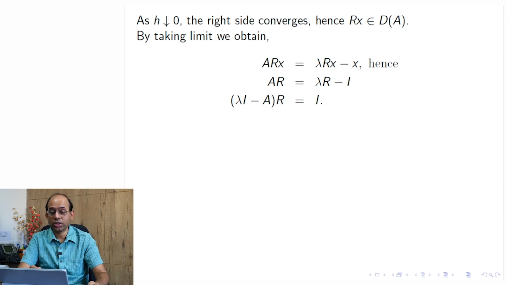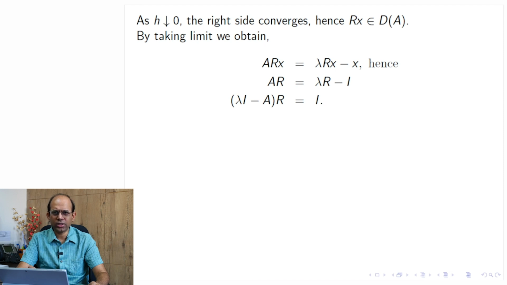Okay, so recall the definition of resolvent operator. Resolvent operator was the inverse of lambda minus A. Okay, so this is an indication, but we need to show that it is also the left inverse. So for that, what we need to show is that A and R commute with each other.